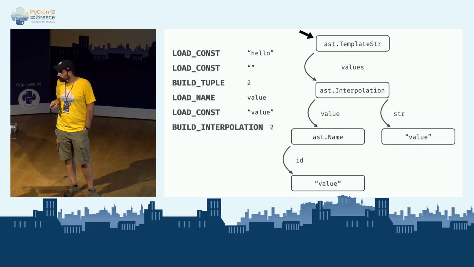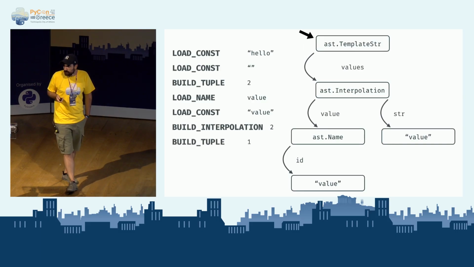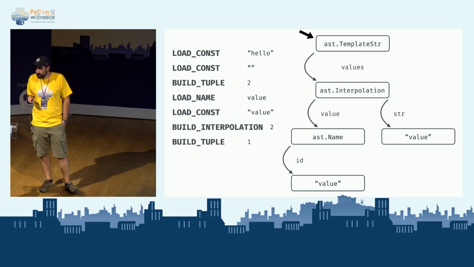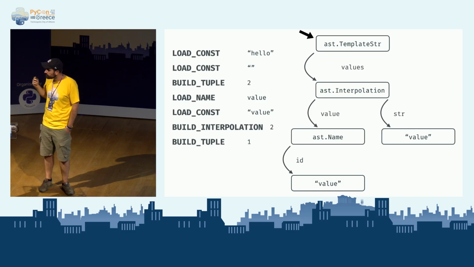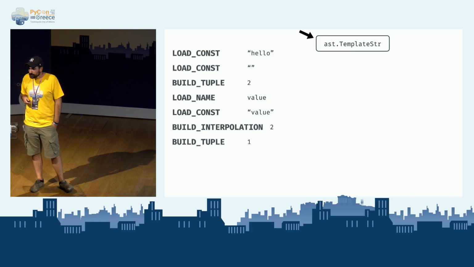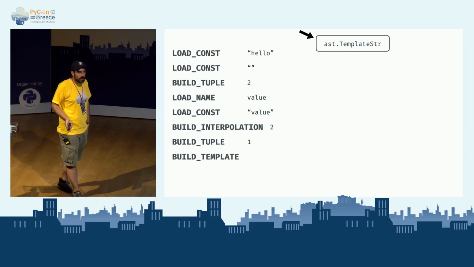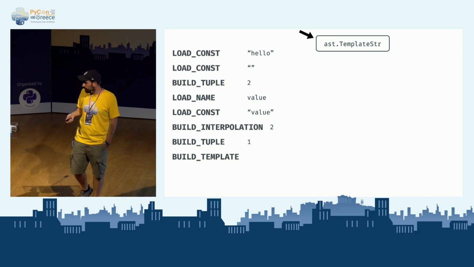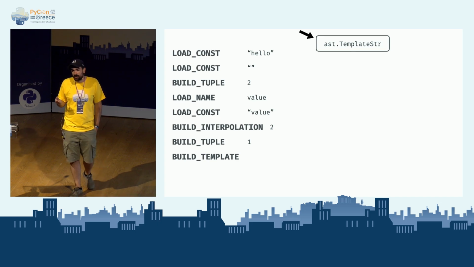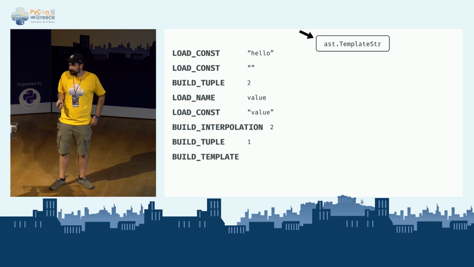So that's it. Then we build another tuple. You're going to figure out why all those instructions are there a bit later on, but you have to trust me that they're there for a good reason. At the end, we have a build template, and that's what actually builds the final template type.